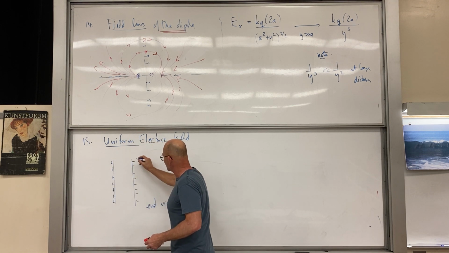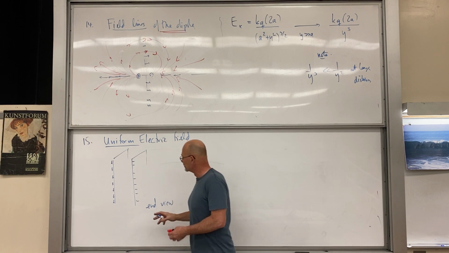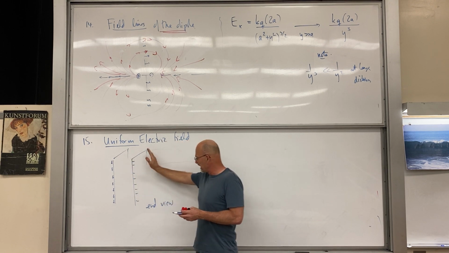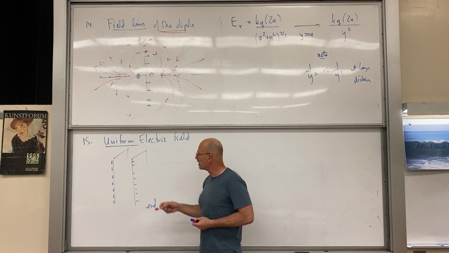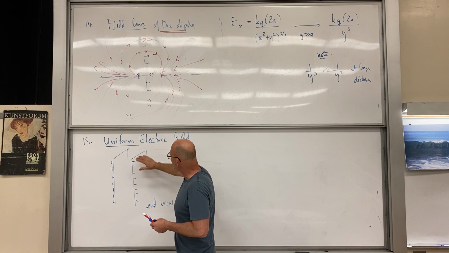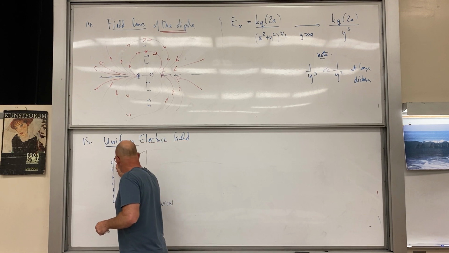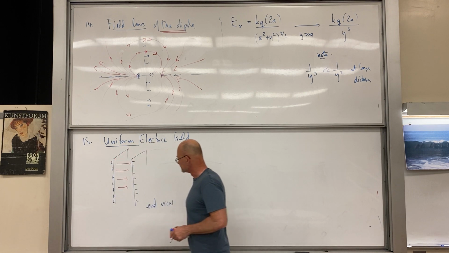Think of this as plates with positive charge uniformly distributed, negative charge uniformly distributed, then all of those little individual vectors that we're talking about, anything but the contributions that go like this are canceled.